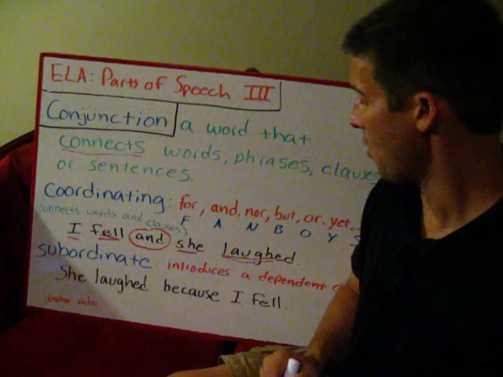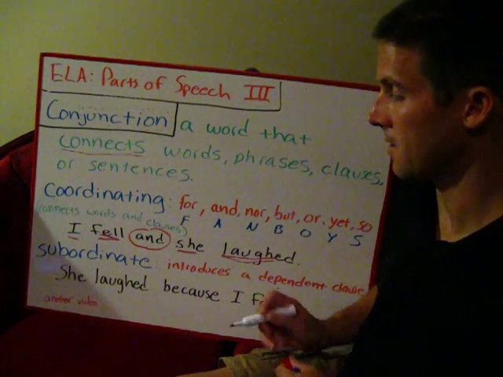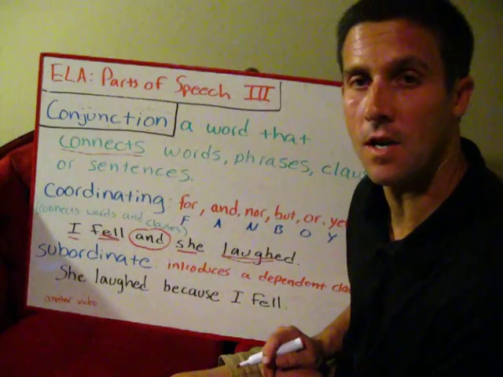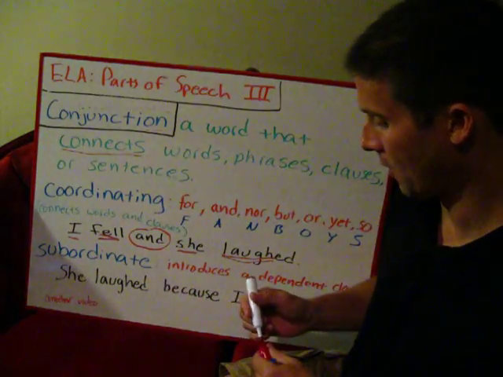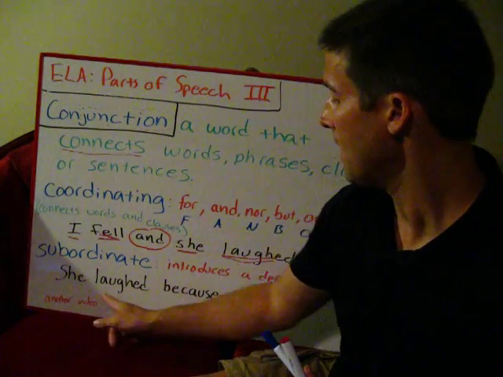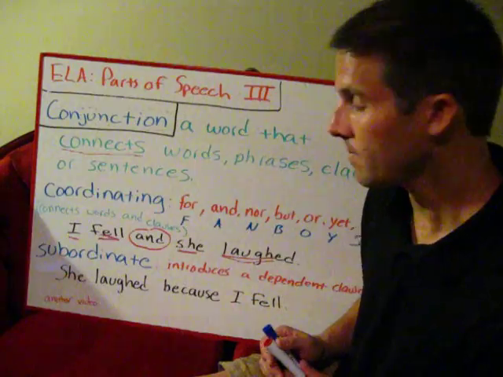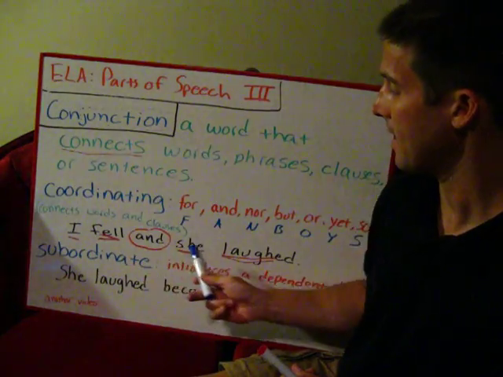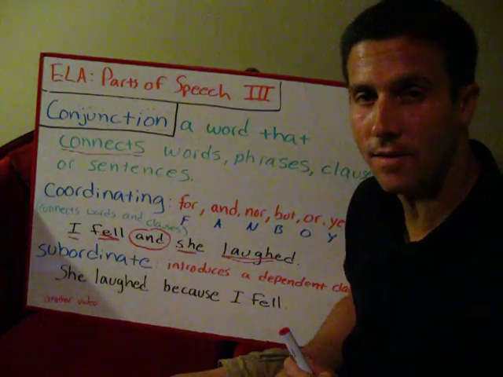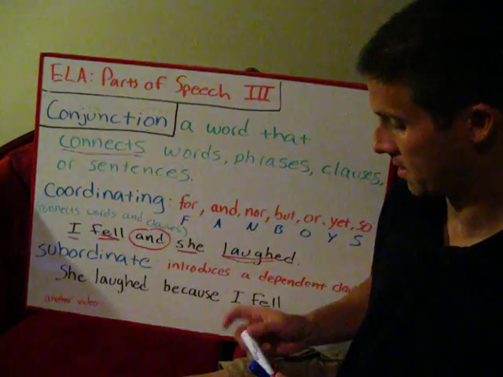Let's look at subordinate. This introduces a dependent clause. Again, it would take a whole other video to talk about that. But let's take a look at an example. She laughed because I fell. It's almost just like this, but we said it a different way. So it's using a subordinate conjunction.